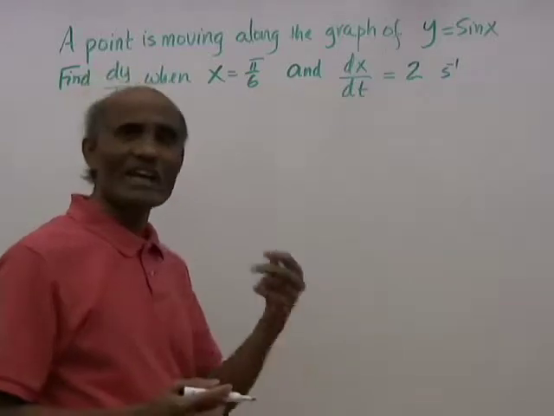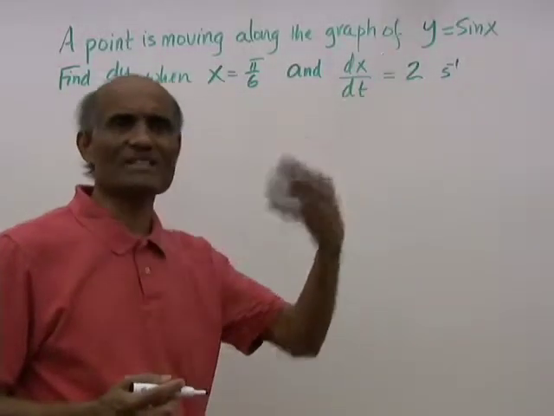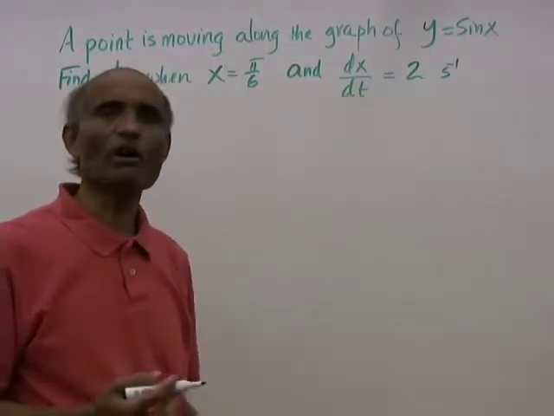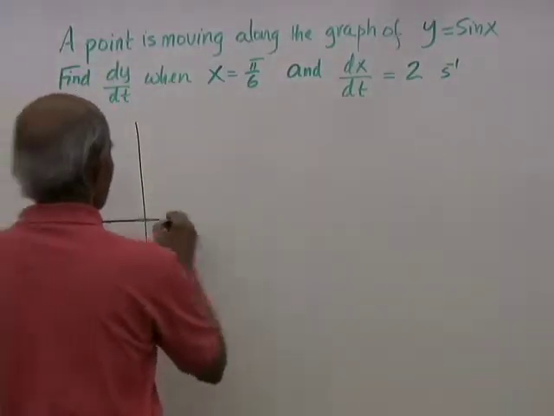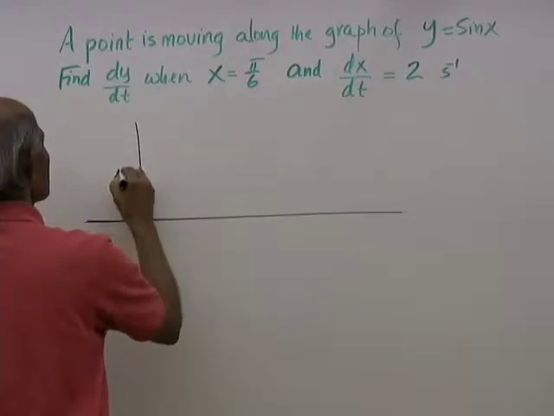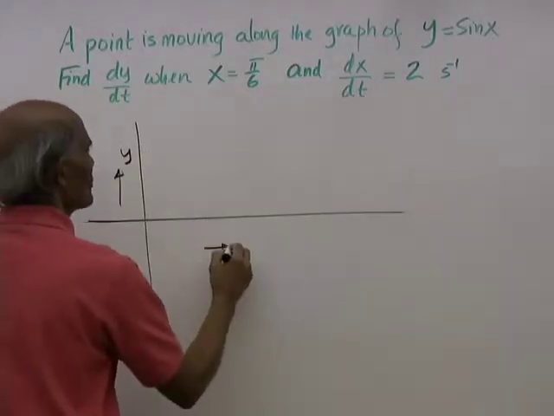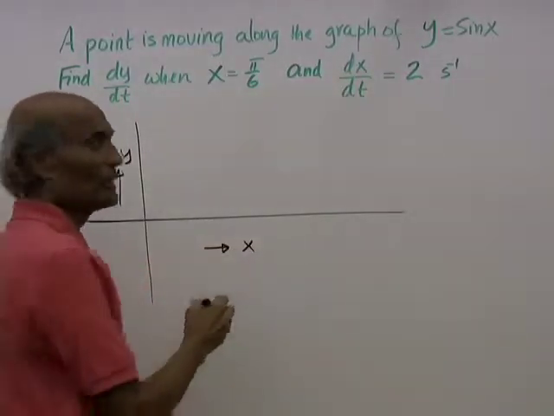Now, any problem, you need to visualize it. What is the graph of y equal to sine x? Now, we have x along the horizontal axis and y along the vertical axis.